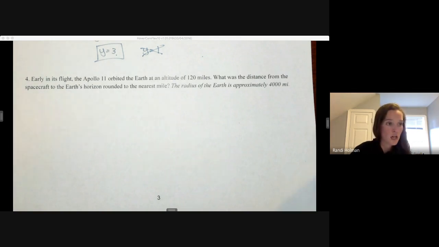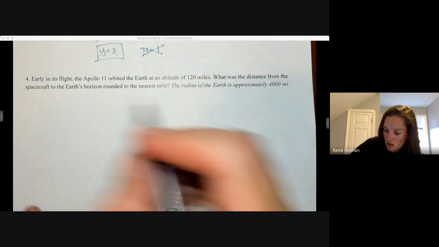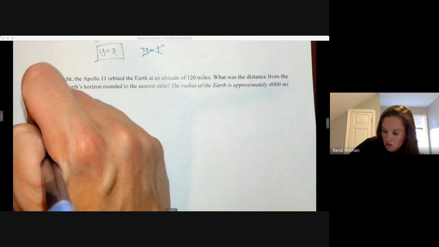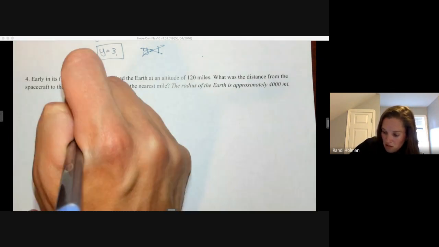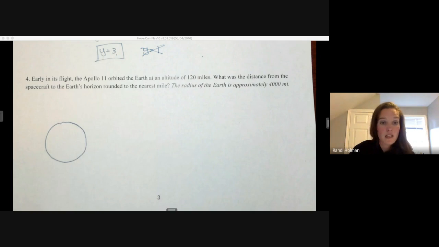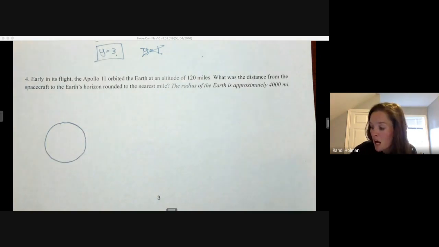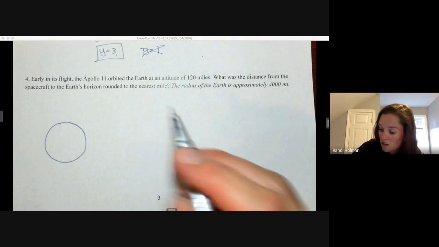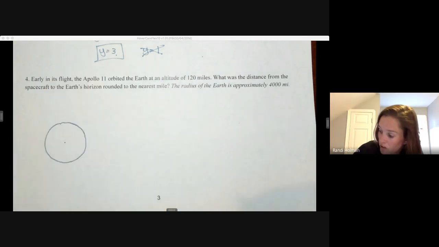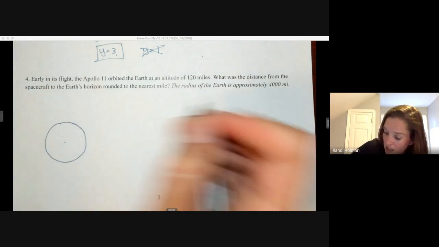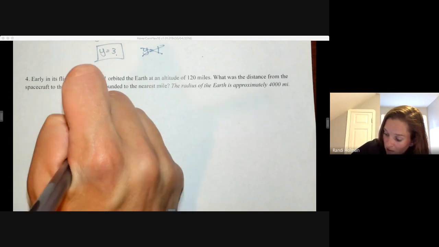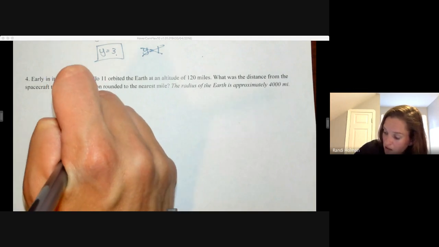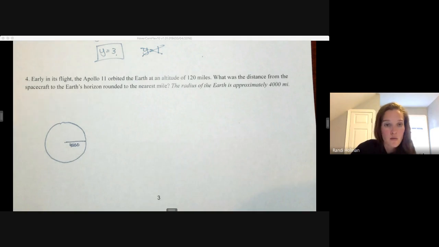Okay, so I'm going to try and draw a decent picture here. So we have the Earth, which we are going to approximate as a circle. And I know it's not exactly, but that's okay. So if we look at the Earth here, they tell us that the Earth's radius is approximately 4,000 miles. So that's going to be important.